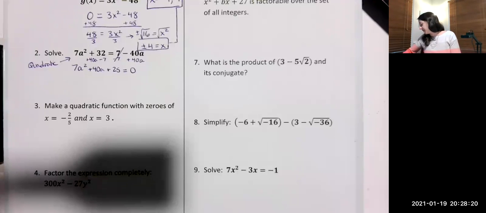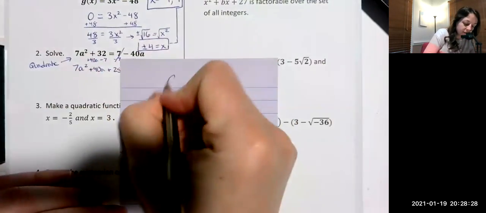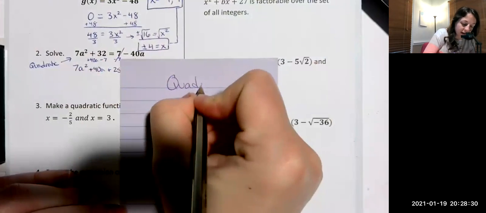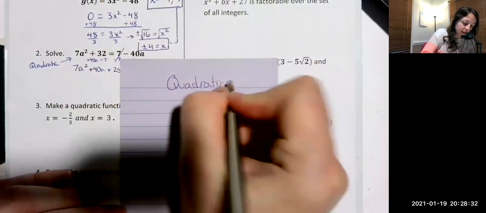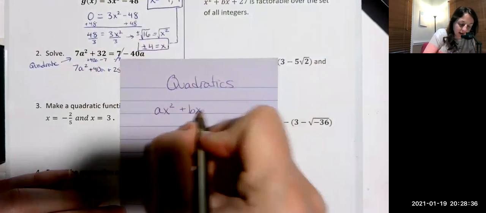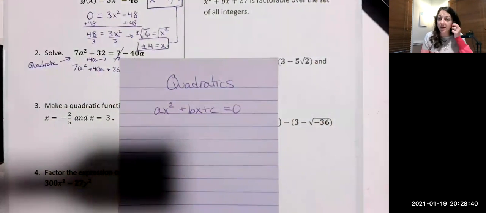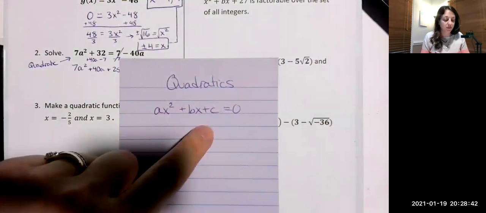Let me go ahead and pull up a little note page over here. Just a quick reminder, when it comes to quadratics, ax squared plus bx plus c equals 0. A, b, and c are your coefficients.